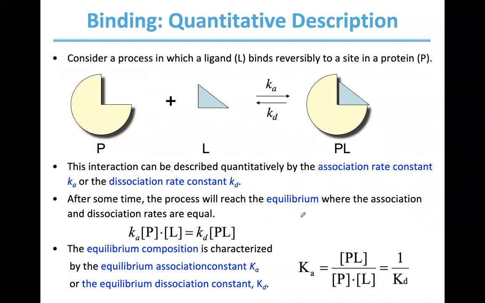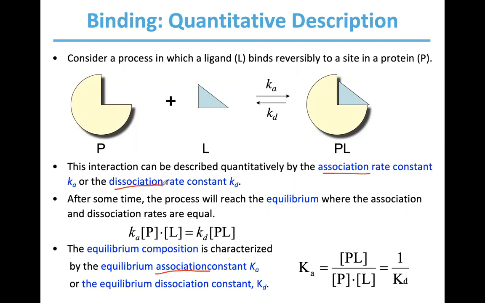All right. So consider a process in which a ligand binds reversibly to a site in a protein. So here's our protein, here's our ligand. So some kind of rate. A stands for association, D stands for dissociation, right? Association rate constant and dissociation rate constant.